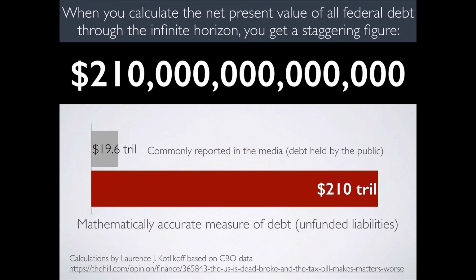That's far, far greater than the total public debt, right? What's commonly reported in the media is this figure right here: 19.6 trillion, the debt held by the public. Versus 210 trillion. Well, you get a very different picture of what the problem is here, right?